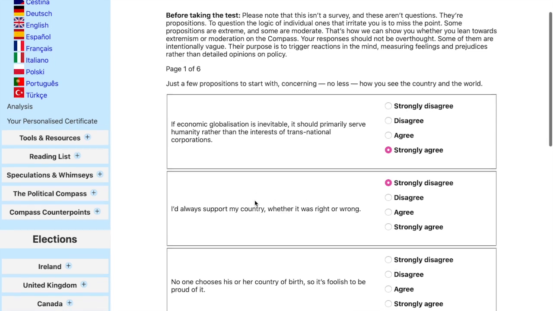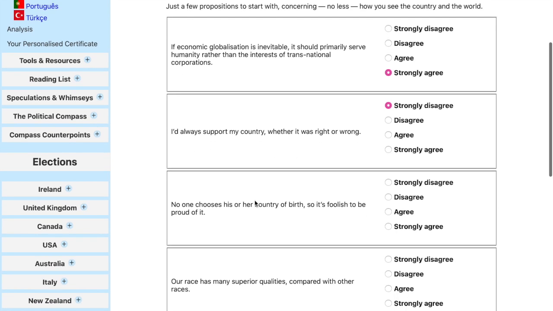So there you go. "No one chooses his or her country of birth, so it's foolish to be proud of it." I think, as somebody that's saying, for example, proud to be a New Yorker, there's some level of reason to being proud of where you come from. I think that's fine.